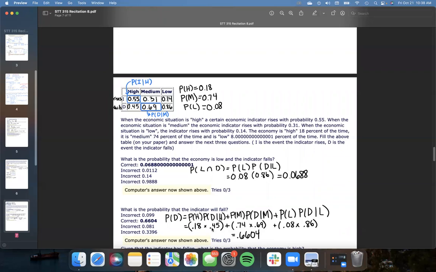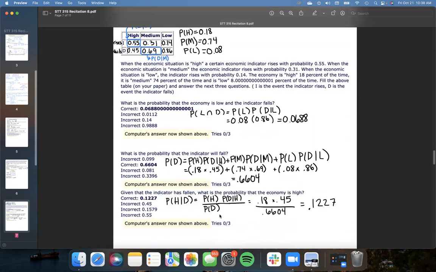The probability of D given H is 0.45. The probability of M is 0.74. The probability of D given M is 0.69. The probability of L is 0.08, and the probability of D given L is 0.86. So when you multiply each pair and add them together, you get 0.6604.